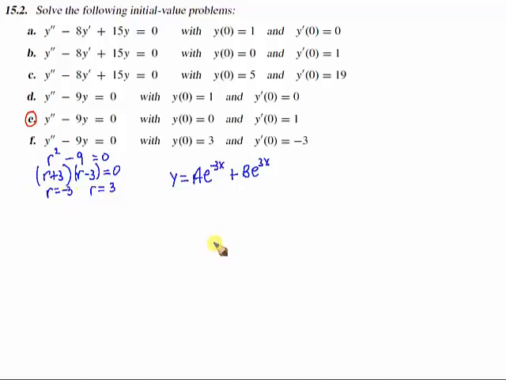Now to find the constants, we've got right here y of 0 equals 0. So we will plug in 0 for x, 0 for y. So that would be 0 equals a e to the 0, which would be a times 1, plus b e to the 0, which would be b times 1.